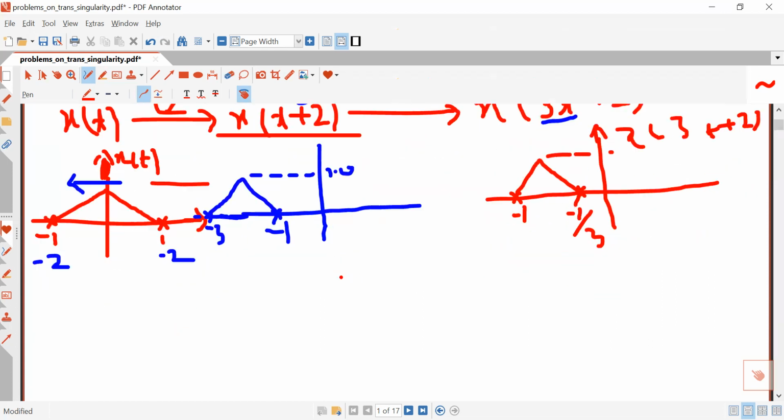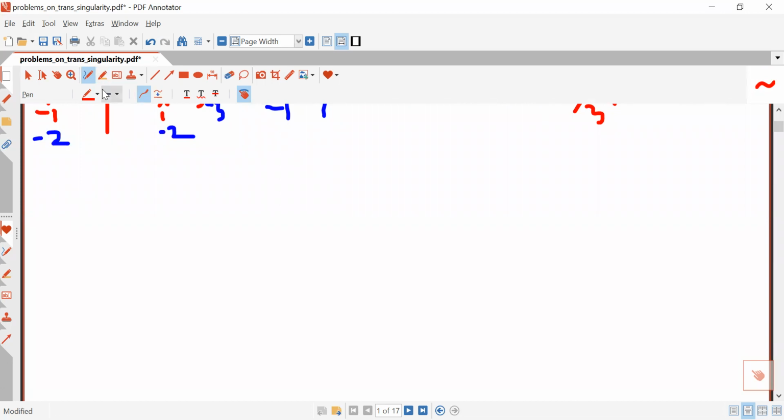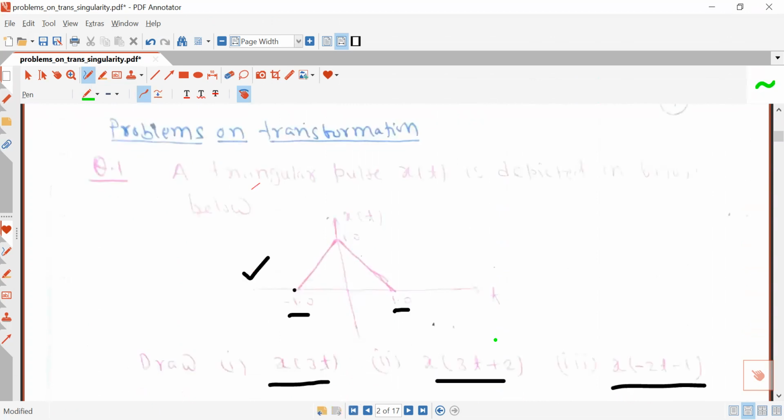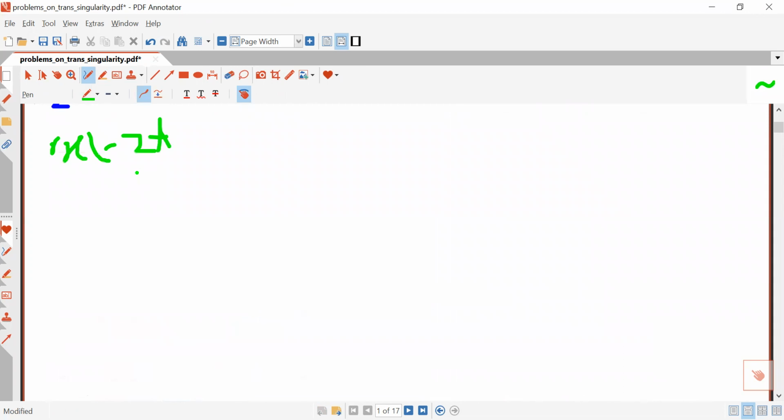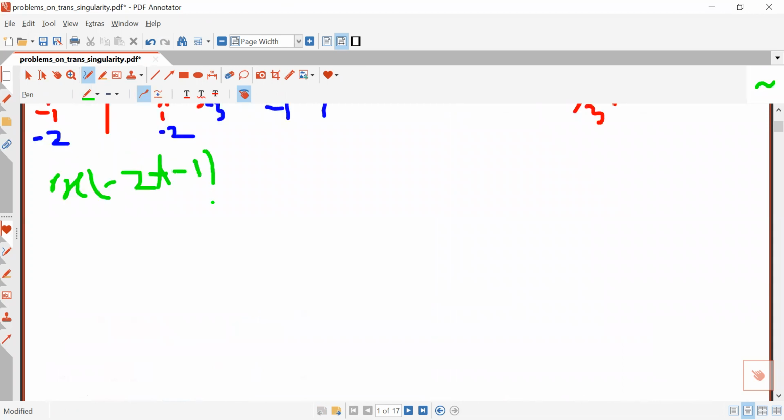Similarly, the third question is to determine x(-2t-1). How will you get it? The original signal is x(t), which is given in the problem. You will first shift the signal in the right direction by 1 unit.